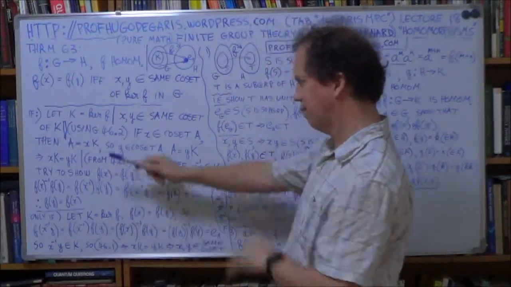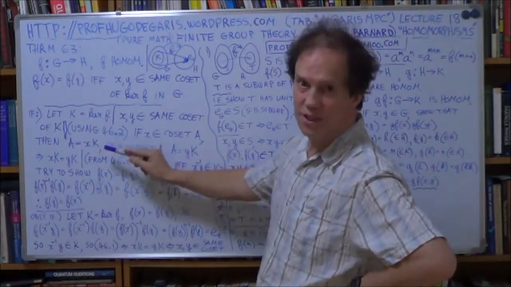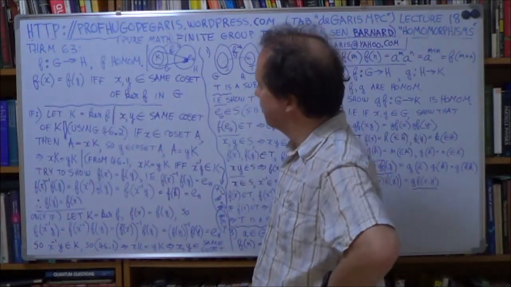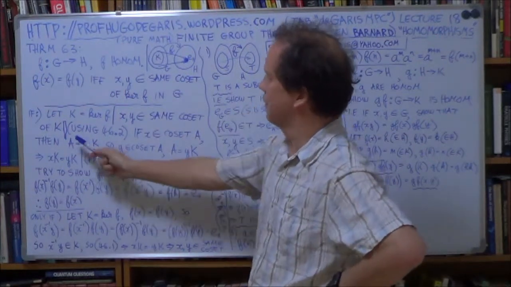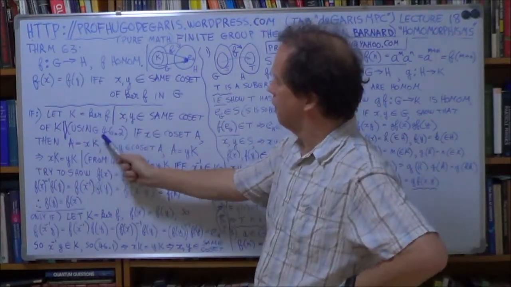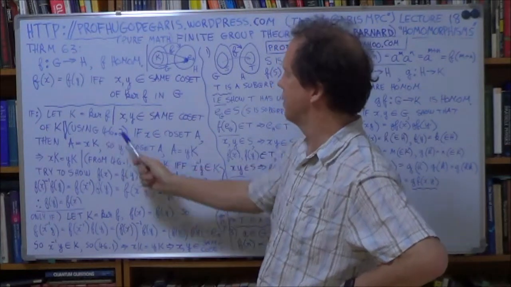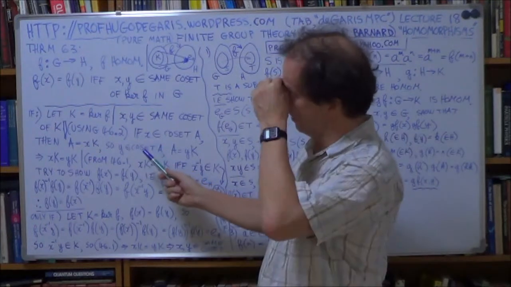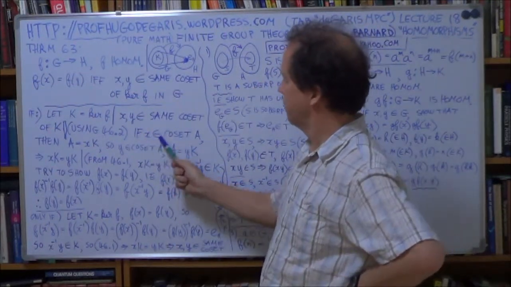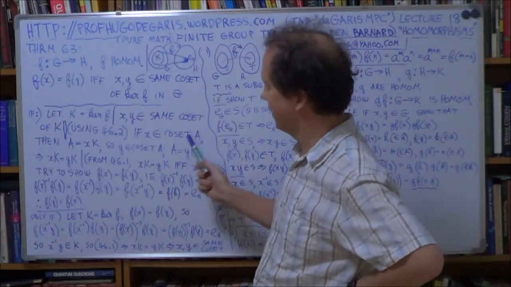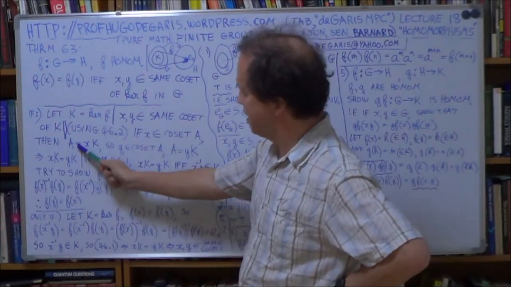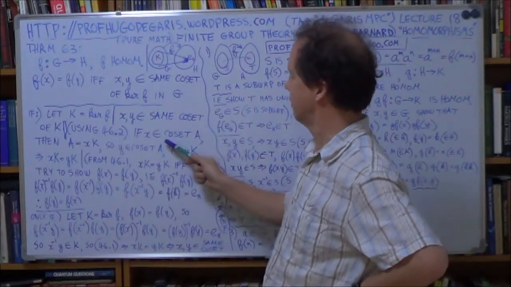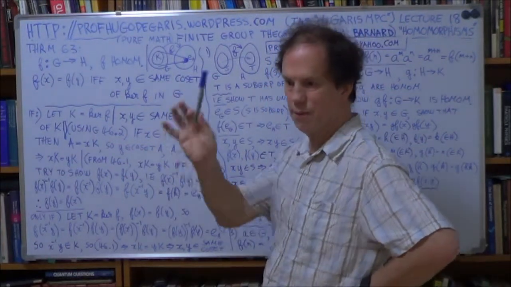Now, again, we're using theorem 46. Incredibly useful theorem, especially for this kind of work. A reminder: the second part of theorem 46 says, well, it's an if and only if, but we only use part of it: if x belongs to some coset A, then A equals xN, where N is the normal subgroup.